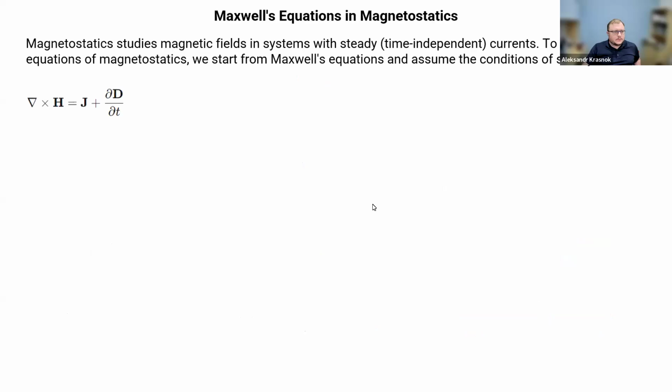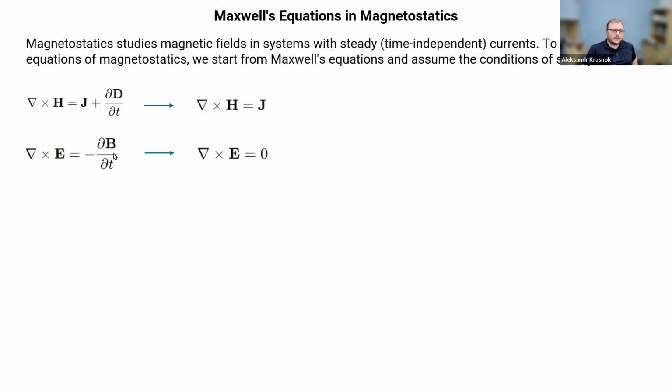Last time we discussed mainly the equations of magnetostatics, which means that if we have a current, we assume this current to be not time varying.